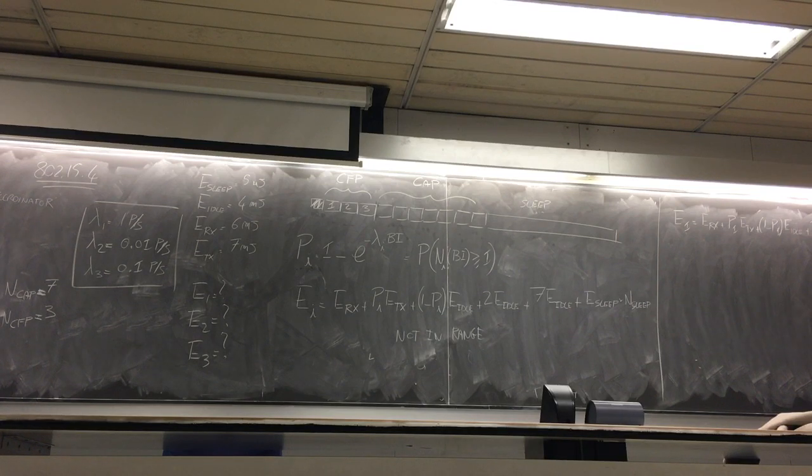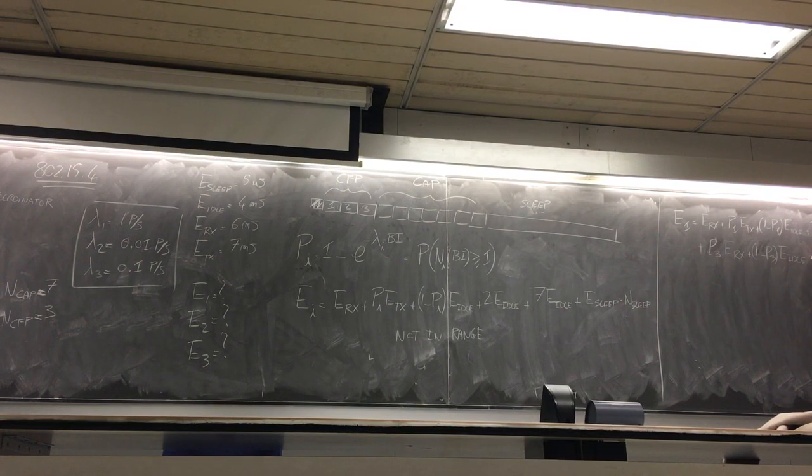Plus the same thing for node of type 3. So if node of type 3 is transmitting, I'm receiving. If node of type 3 is not transmitting, so 1 minus P3, then I'm idle.